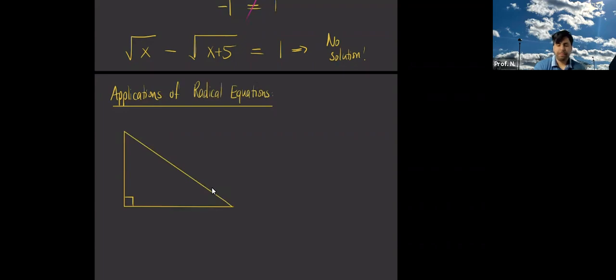For example, let's say I have one side of it being 3, and I have the other side here, the long side, being 5. And let's say I have a missing side.